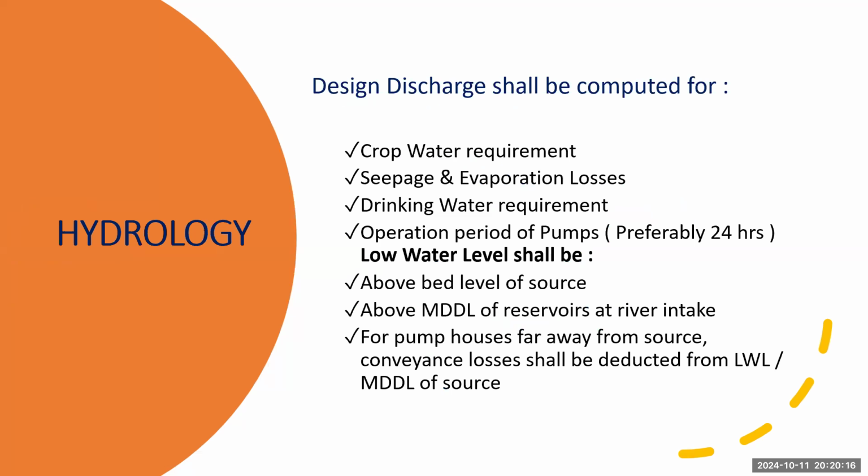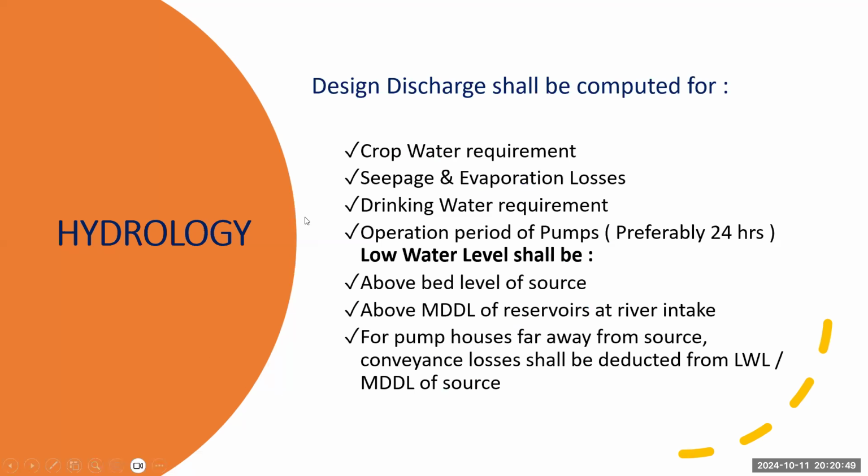In the study of hydrology for a lift irrigation project, at first the crop water requirement is calculated. Our last unit was on crop water requirement. In this, we discuss how the capacity of the reservoir is decided based on the crop water requirement of various types of crops considered in a command area. During this design, the designer should also consider the seepage and evaporation losses.